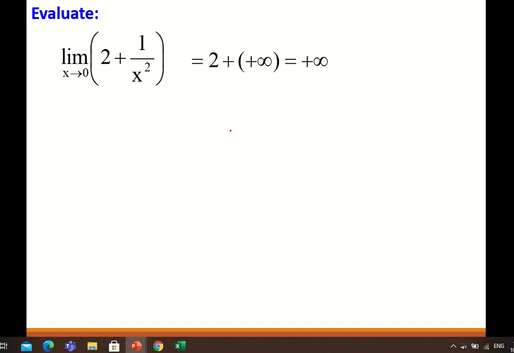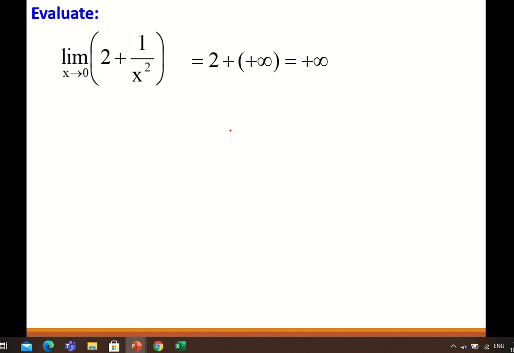So we have here: evaluate the limit of 2 plus 1 divided by x squared as x approaches 0. Okay, so we know that when x approaches 0, when you substitute 0, or a number very close to 0, it depends on whether it's coming from the right or from the left.